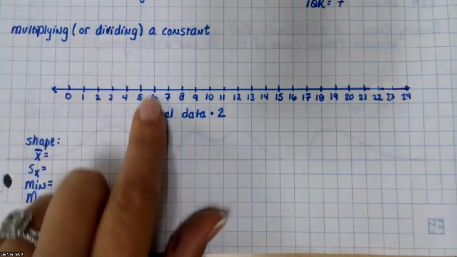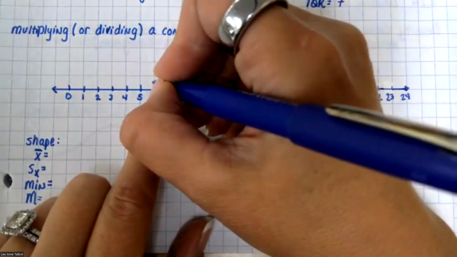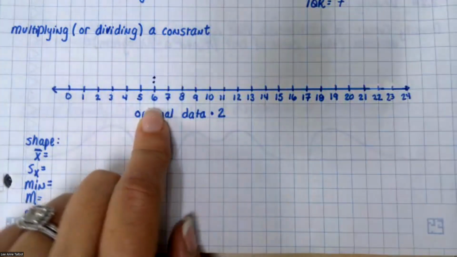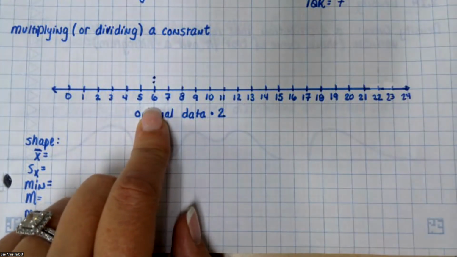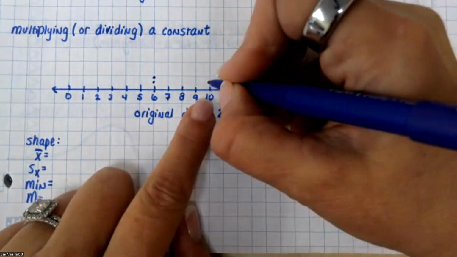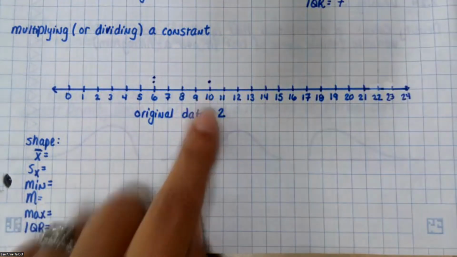We rolled 2 3s. 3 times 2 is 6. So I have 2 6s. The next roll was a 5. 5 times 2 is 10. Am I making sense?